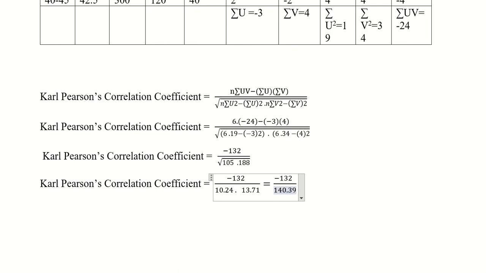Okay, so 132 divided by 140.49, the answer is minus 0.940.